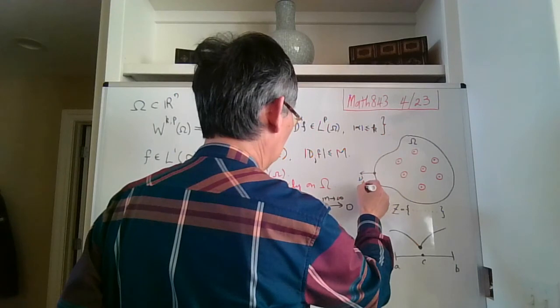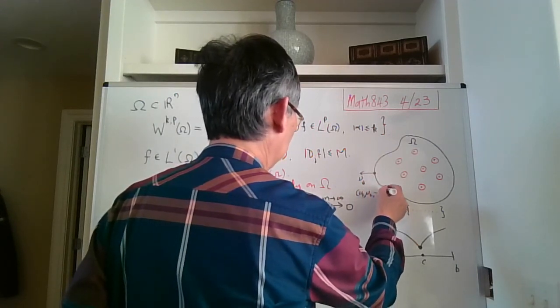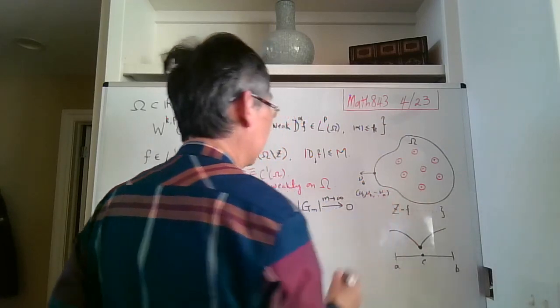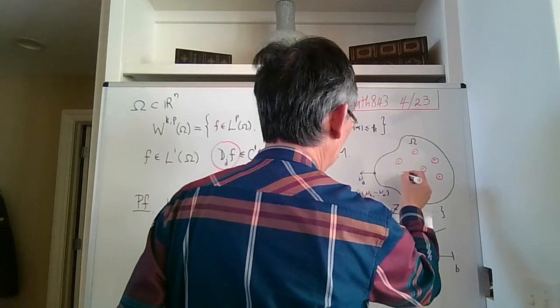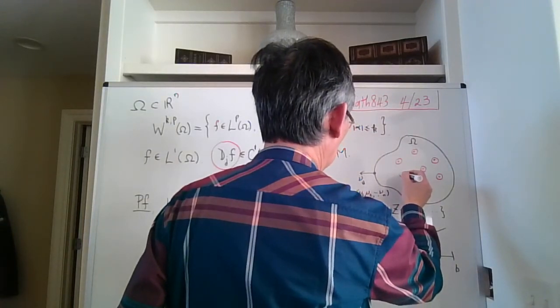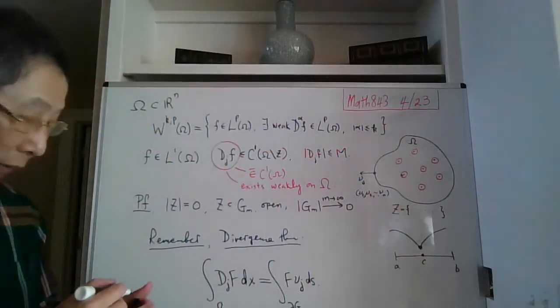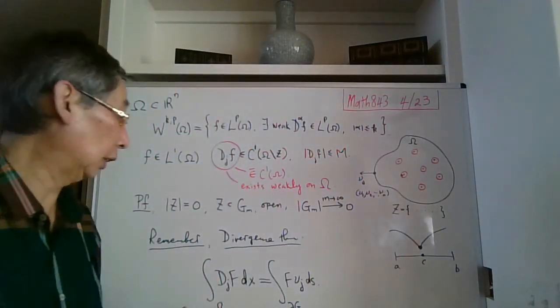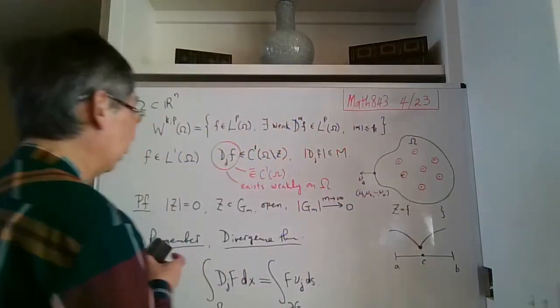So this one is nu_1, nu_2 to nu_n. Suppose you have a boundary inside, like here, then you talk about the normal pointing to the center. That's the divergence theorem. Now we're going to use this divergence theorem.